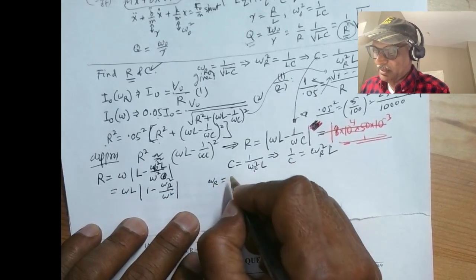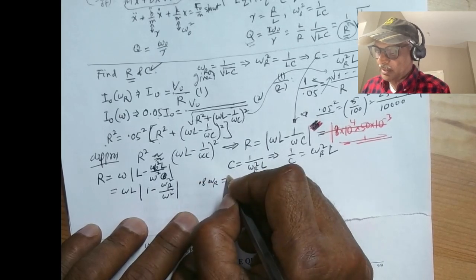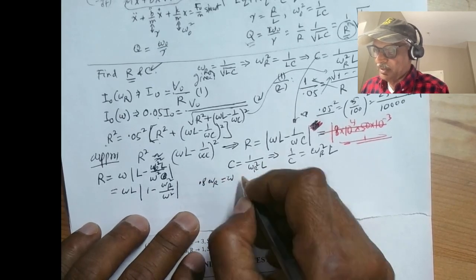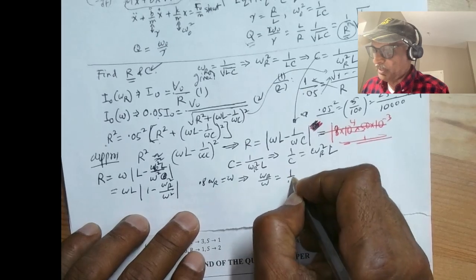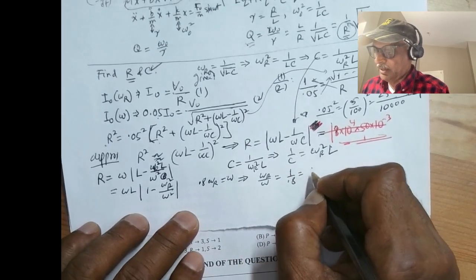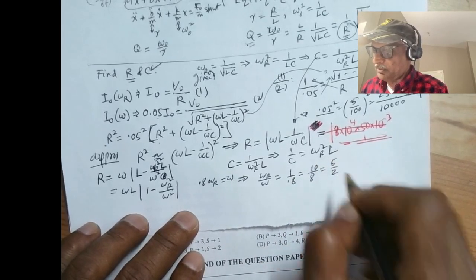Omega R is 0.8 omega, that means omega R over omega is 1 over 0.8, which is 10 over 8, which is 5 over 4.